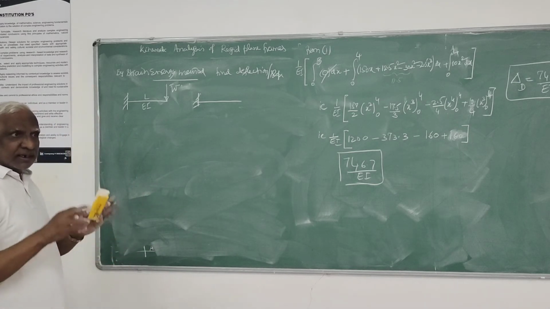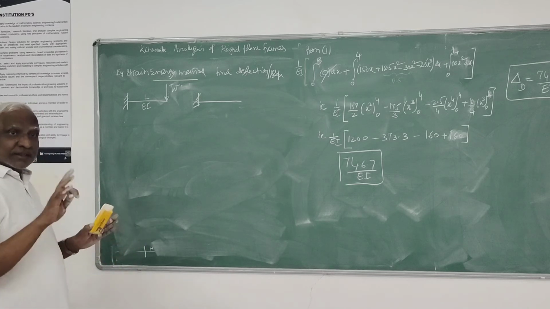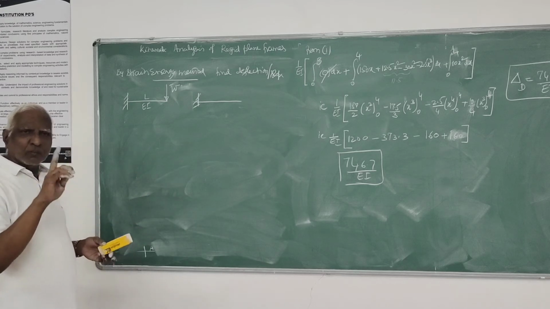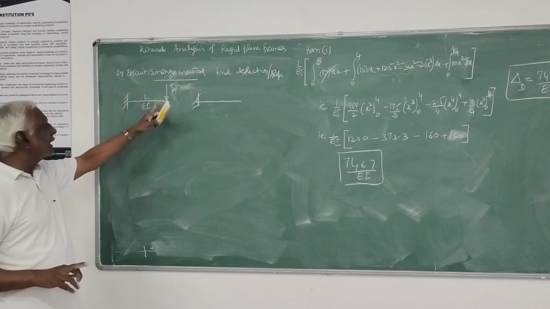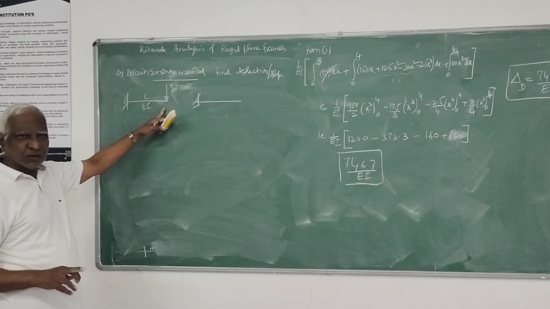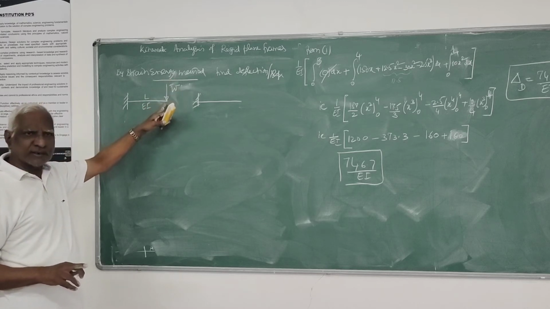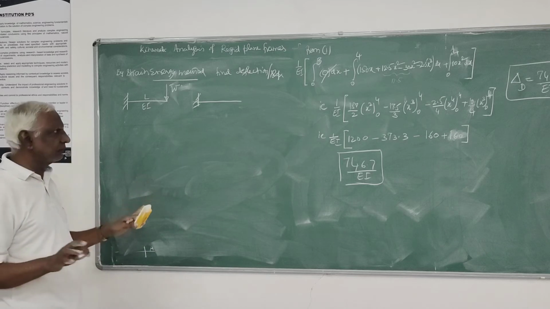That is very important. Deformation in the direction of load, and only one load should be given for the strain energy method. So W and deformation in the direction of W. W is a vertical load acting in the vertical direction, so it is only vertical deformation.